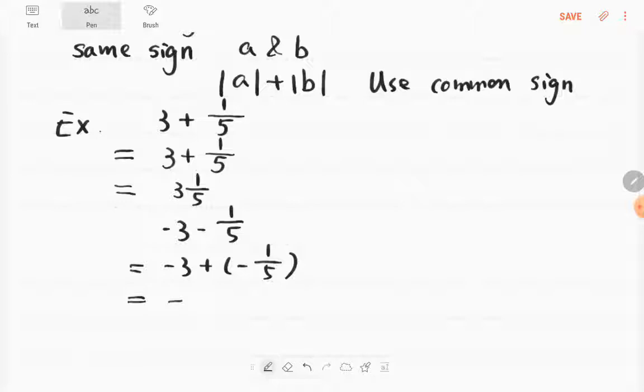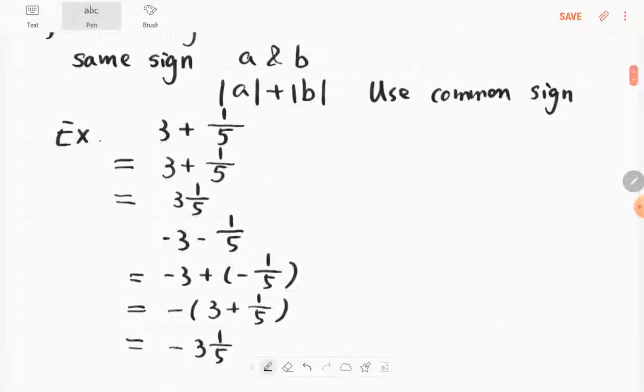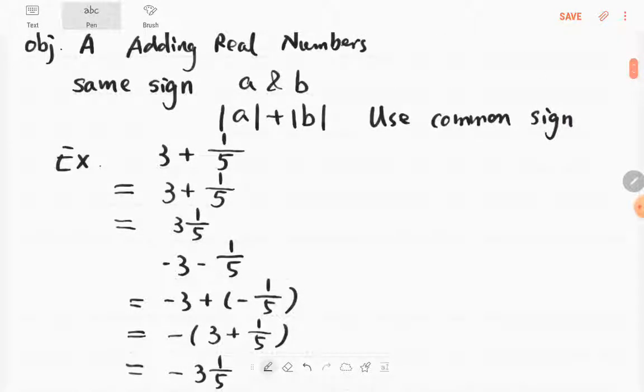Use their common sign, so negative sign. Then next step, we only need to add their absolute values. The absolute value of -3 is 3, and the absolute value of -1/5 is 1/5. So the answer will be -3 1/5. Okay, this is the first situation, if they have the same sign.